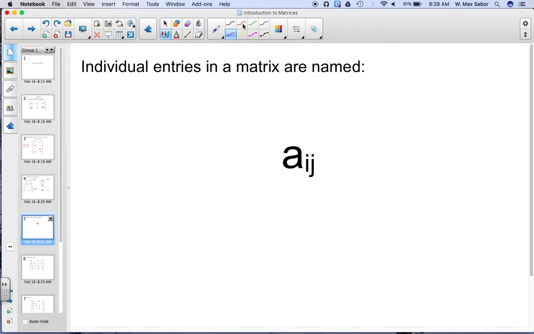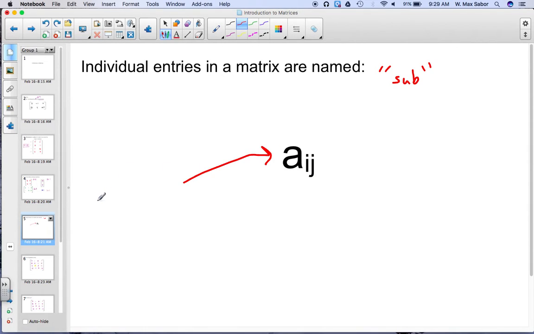Individual entries in a matrix are named a sub ij. I used the word sub between saying the a and the ij to mean that it's the subscript.